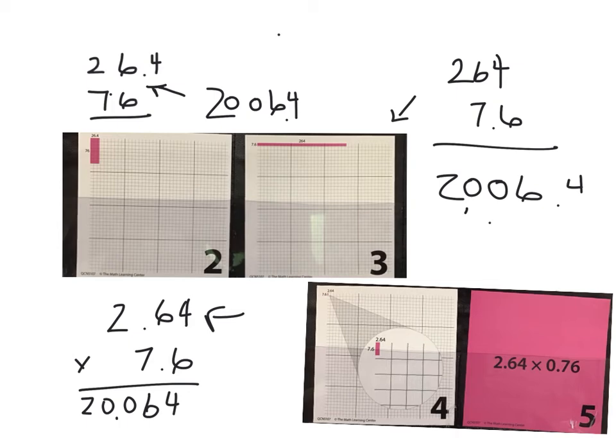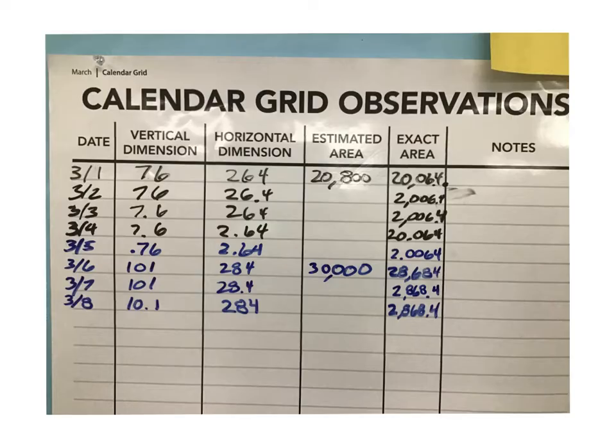That makes total sense. Day 5, 2.64 times 0.76. I now have 4 numbers behind the decimal point. And for this one, I'm going to end up with 2.0064, or 2 and 64 10,000ths. Let's go take a look here at my calendar grid. I've written these all in.